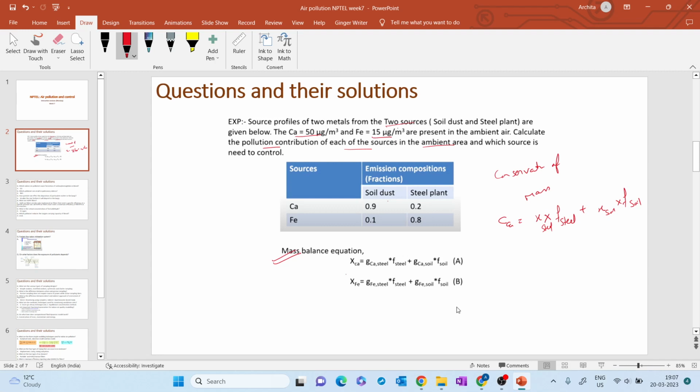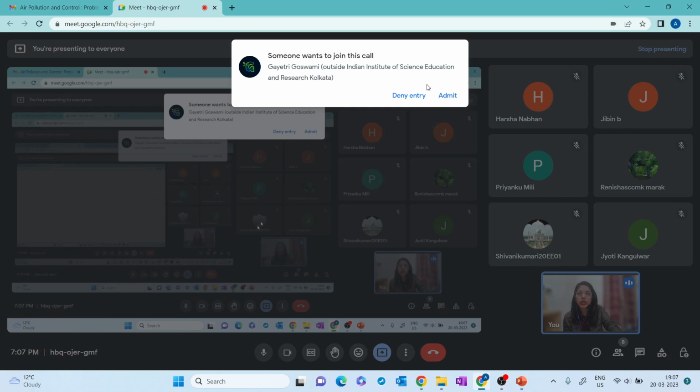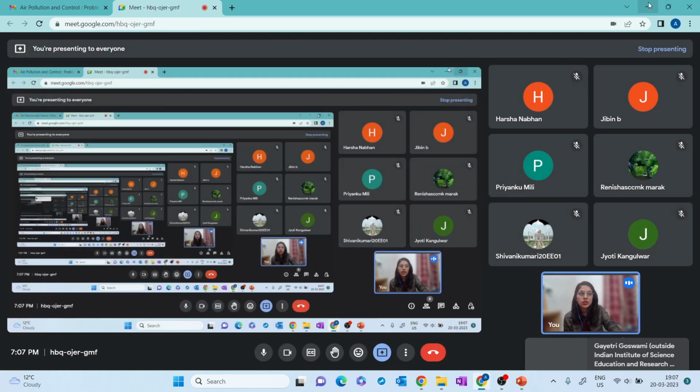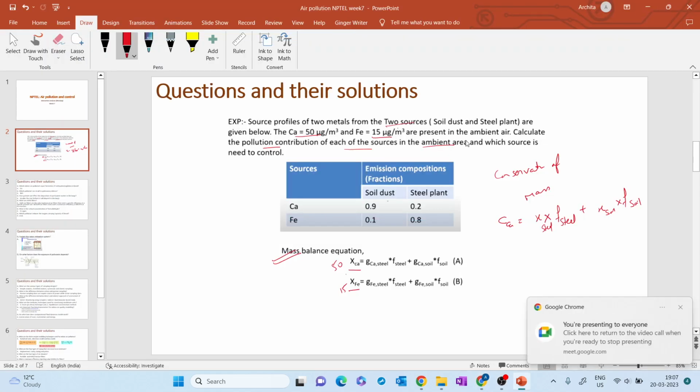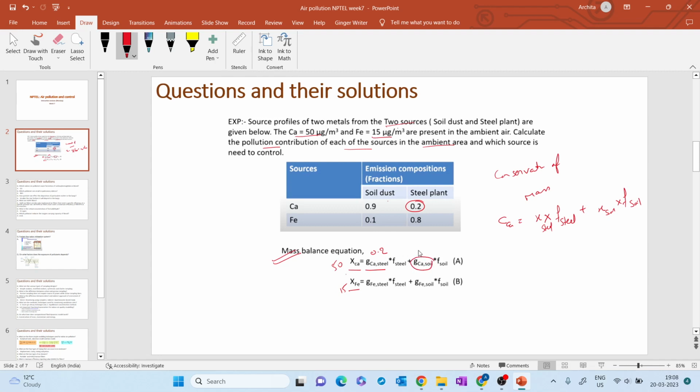So if we look at these two equations, we know xCa and xFe, which is 50 and 15. Then we know the contributing fraction or the emission fraction for each component, for each steel and soil. So this is 0.2. Okay, this F soil is 0.9 for calcium. Now F Fe steel is 0.8 and this is 0.1.